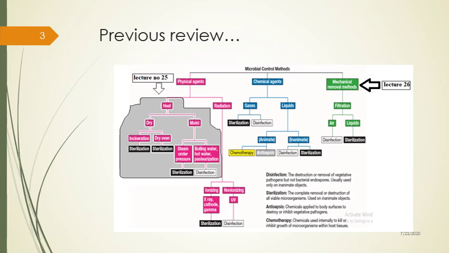Antisepsis means chemicals applied to body surfaces to destroy or inhibit vegetative pathogens. The last one is chemotherapy, chemicals used internally to kill or inhibit growth of microorganisms within host tissues. You all must have an idea about these terminologies.